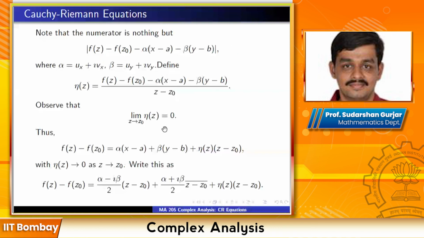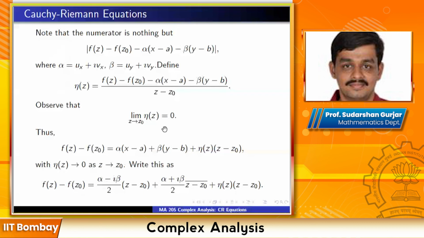But if you do alpha minus i beta upon 2, what is alpha? Look at the third line rather. Alpha is ux plus i vx, beta is uy plus i vy. So if you do alpha minus i beta, it is ux plus i vx minus i times uy plus i vy. So that is ux plus i vx minus i uy plus vy. Now minus i uy can be replaced by Cauchy-Riemann equations by i vx, and vy can be replaced by ux.